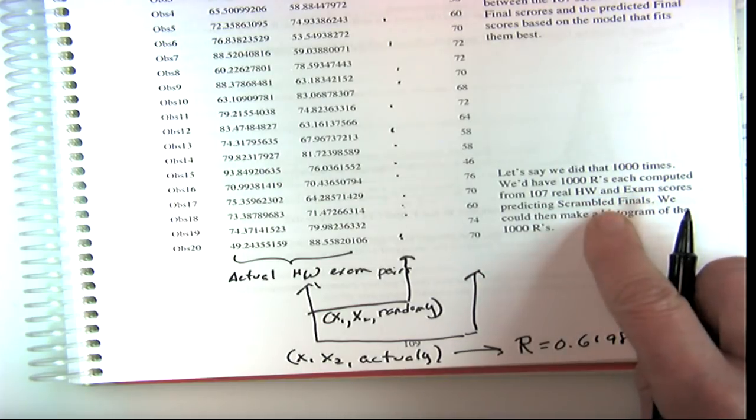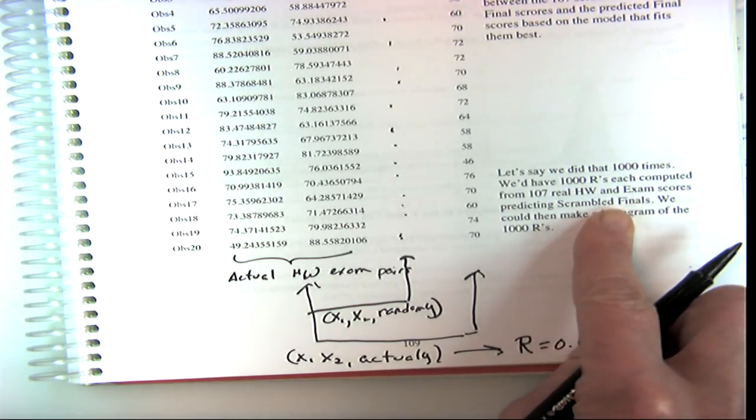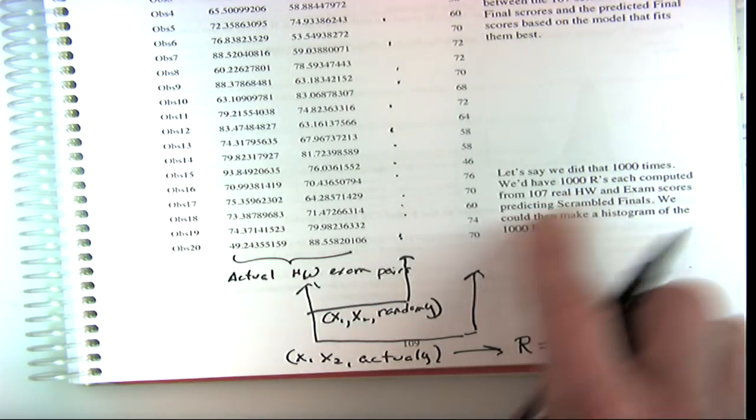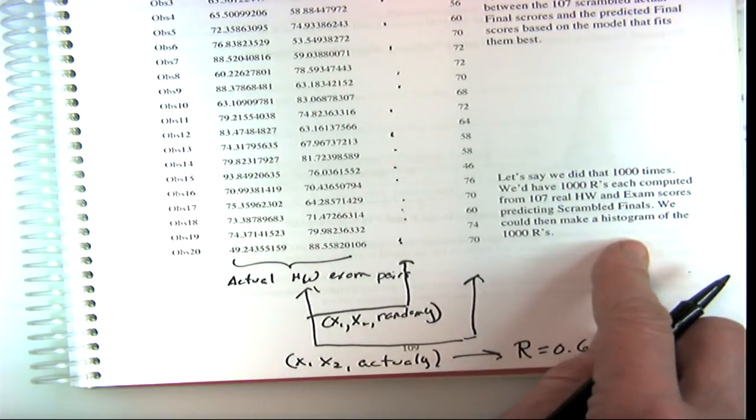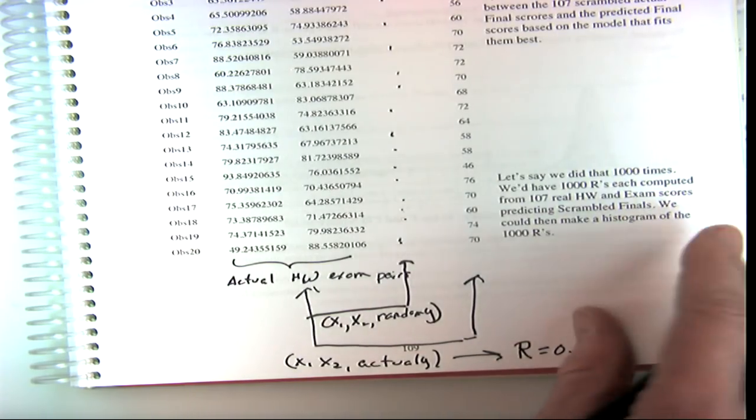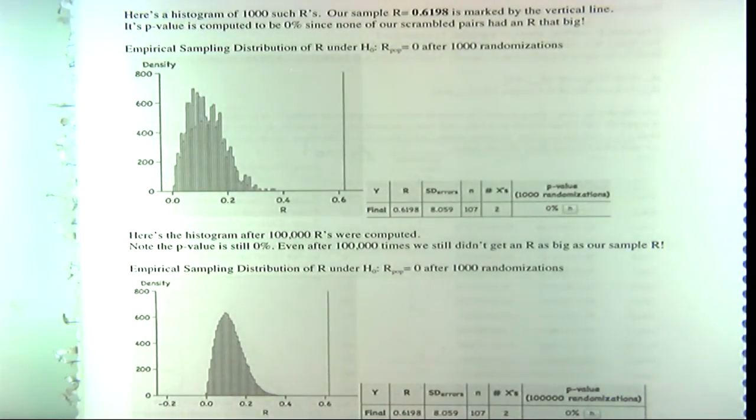So you'd get a correlation between your predicted based on your homework and exams, and this new scrambled ones. And then we could make a histogram of the 1,000 R's. And we did. And we get the same thing like this. This is what it looks like.